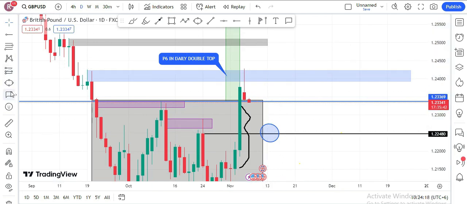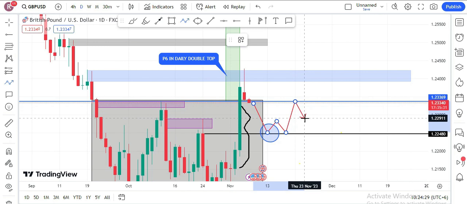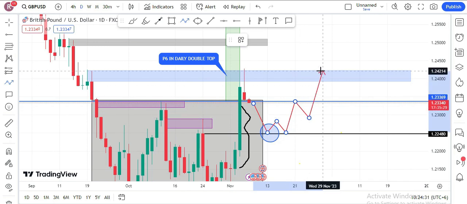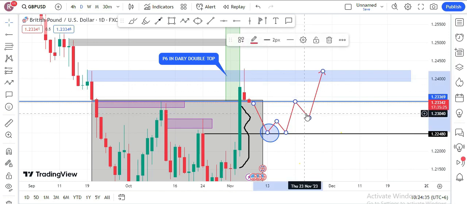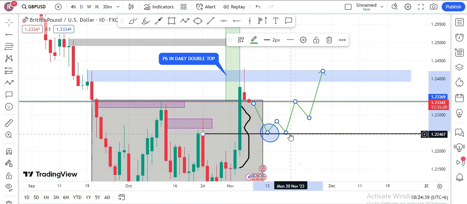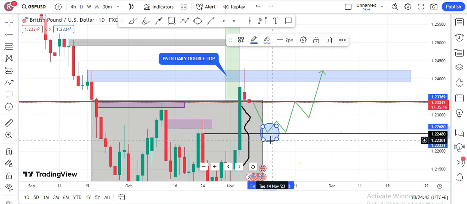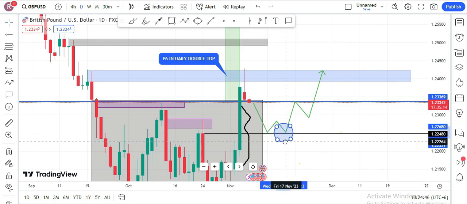Let me do it like this: let it come here, let it retest, then we have a retest here, then it will go here. That is the way I will think, but it is your prerogative where you would like to trade, but this is the safe zone. Let's put it not here, we don't want it here, we want it here.